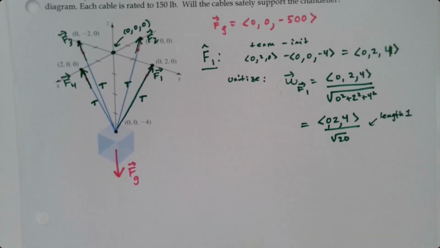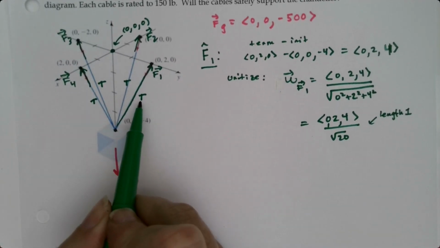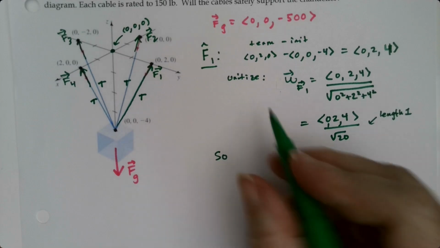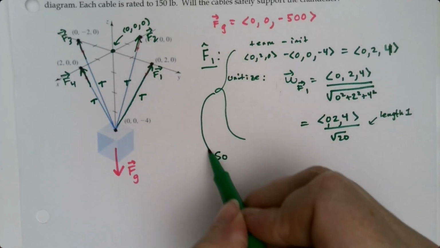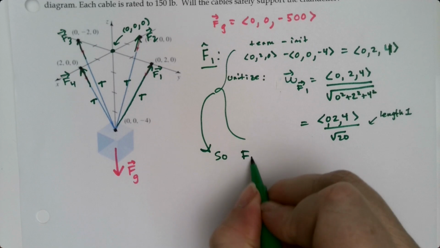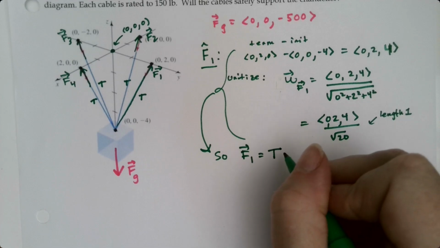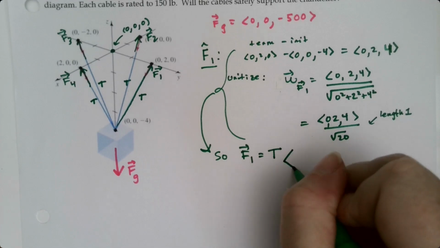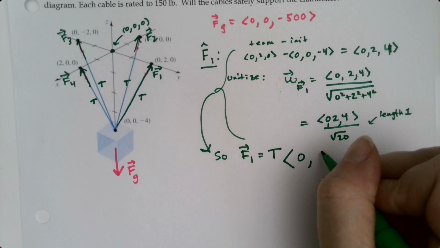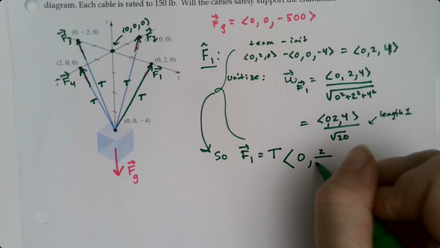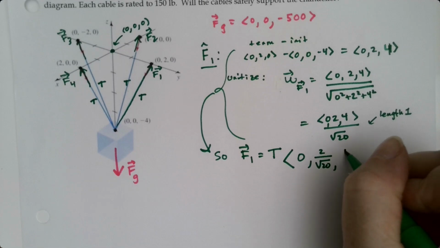But I don't want it to be length 1. I want it to be length t. So all of this combines together to lead us to force vector 1 is t times 0, 2 over the square root of 20, 4 over the square root of 20.